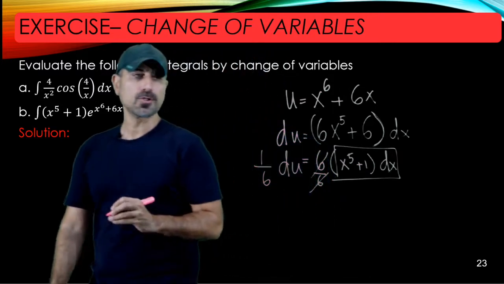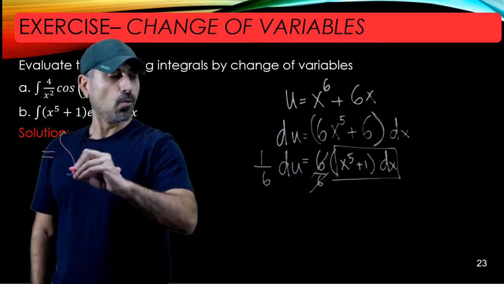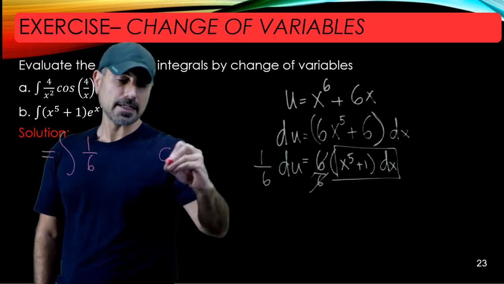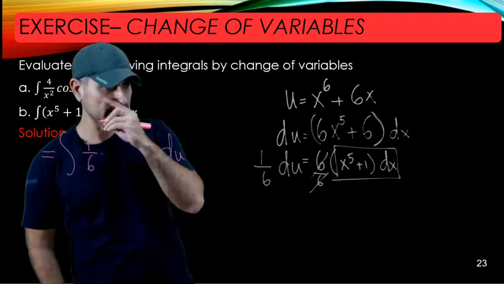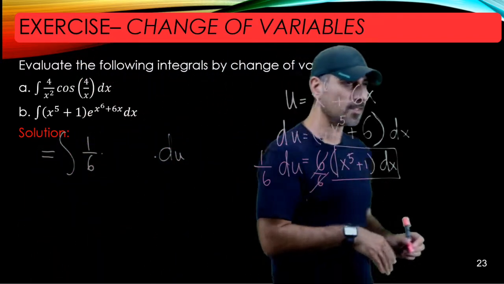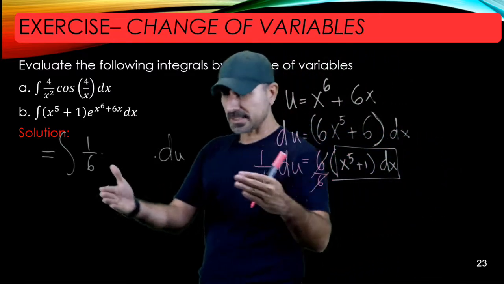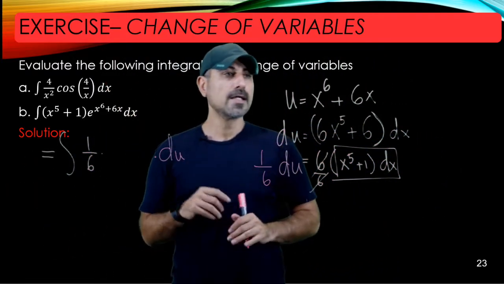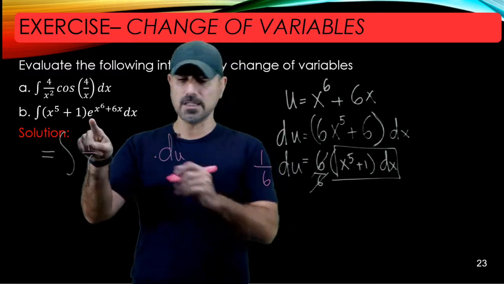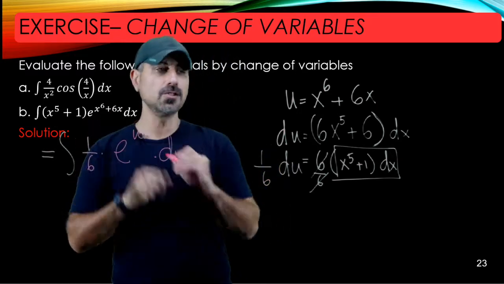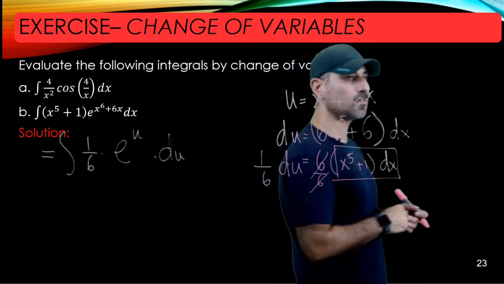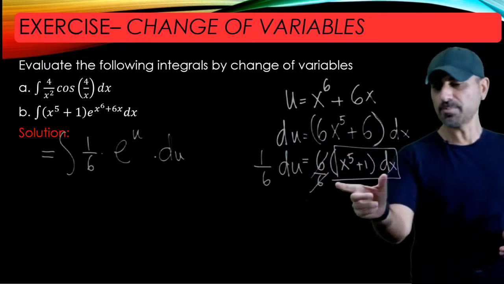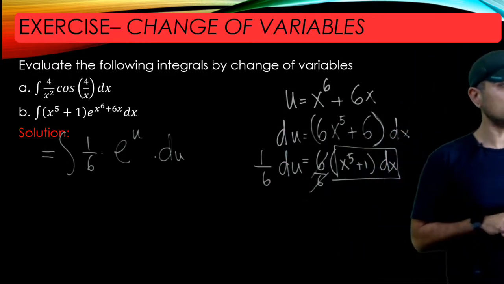So in short, we're going to write 1/6 times du. I put the du at the end because that's how the integration formalism works, okay? And then you have e to the power of u. And then where is x to the fifth plus 1 dx gone? Well, that's replaced by 1/6 du.